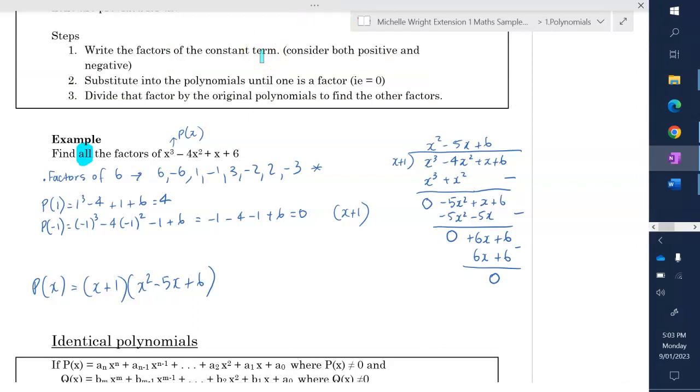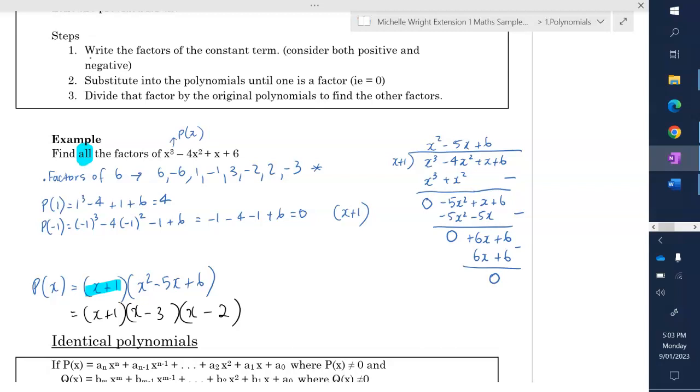This is one factor. We need to find the rest of the factors. In doing so, we can just factorize our quadratic, which we are very, very good at. So we are looking for values that add to -5 and multiply to 6. We're going to have -3 and -2.